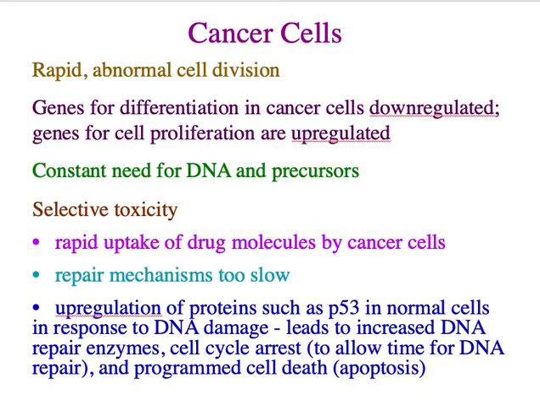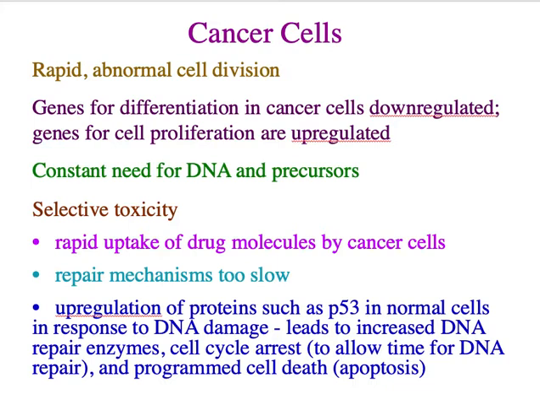Since they're feeding and uptaking stuff so much, we're hoping that the tumor, which is a cluster of cancer cells, is going to uptake drug molecules faster than something like my skin or my bone, which isn't metabolizing as quickly.